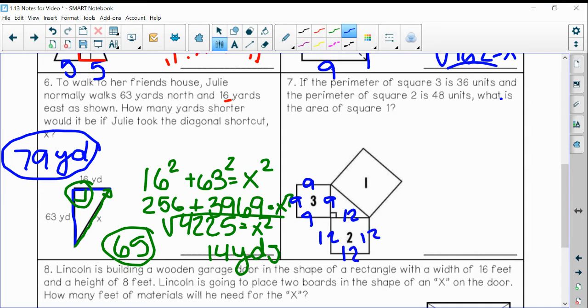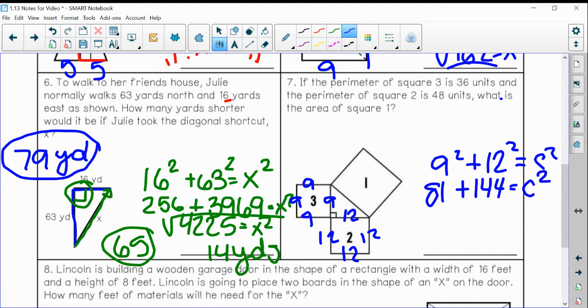So in order to find the area of square 1, we're going to do our Pythagorean theorem. So leg squared plus leg squared equals our c squared. 9 squared is 81 plus 12 squared is 144 equals that third one squared, c squared.